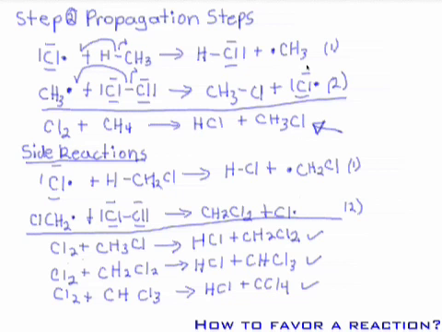How can I prevent that? Use a large excess of methane. Suppose I use hundreds of thousands of moles of methane versus only a few moles of chlorine gas. The Cl dot, few moles, would only produce a few moles of methyl chloride, and there'd still be a huge excess of methane left over. That means the probability of molecular collision between Cl dot and the product is low compared to Cl dot with methane.